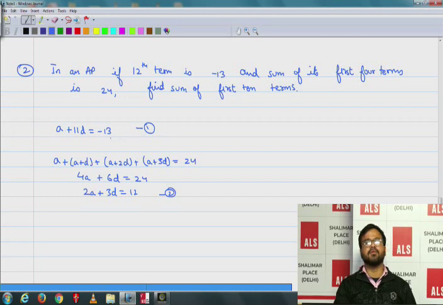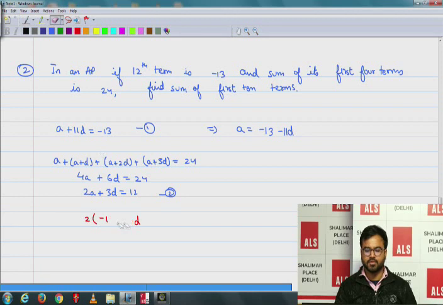From these we have to find the value of a and d, and then we will find the sum of first 10 terms. So from here you can say a is equal to minus 13 minus 11d. So if we put it in this one, minus 13 minus 11d plus 3d is equal to 12.